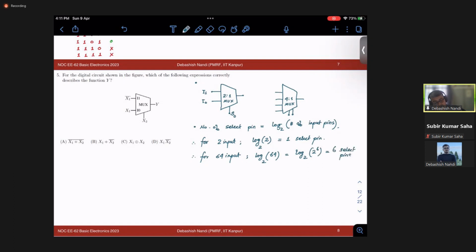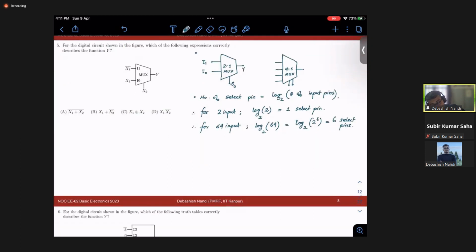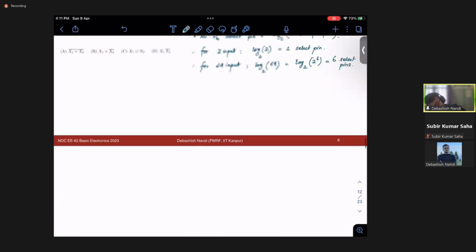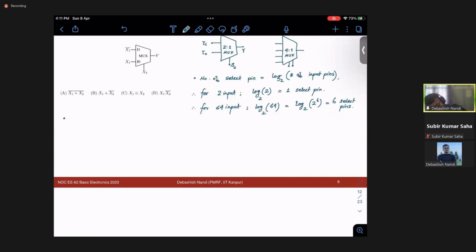Okay. So this is the first thing. This is your Y. And what is the other important thing about multiplexers? The way it works, as an example, suppose you have a 2:1 mux.